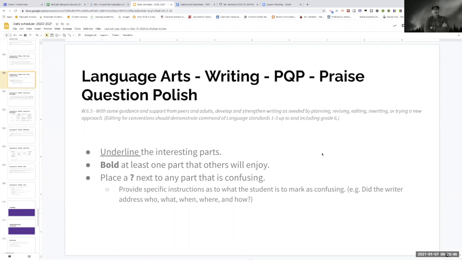And then you place a question mark, or I'm gonna add a little bit of an amendment to that, to any parts that you find confusing. I'm gonna have you highlight the parts that you feel are confusing, just because a question mark might be difficult for your partner to spot.